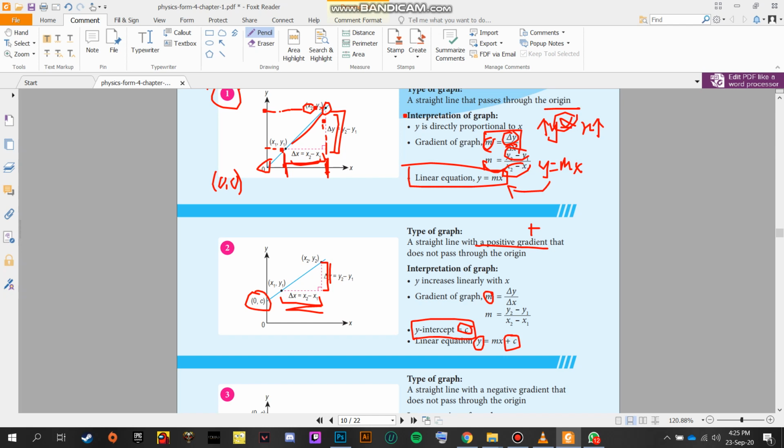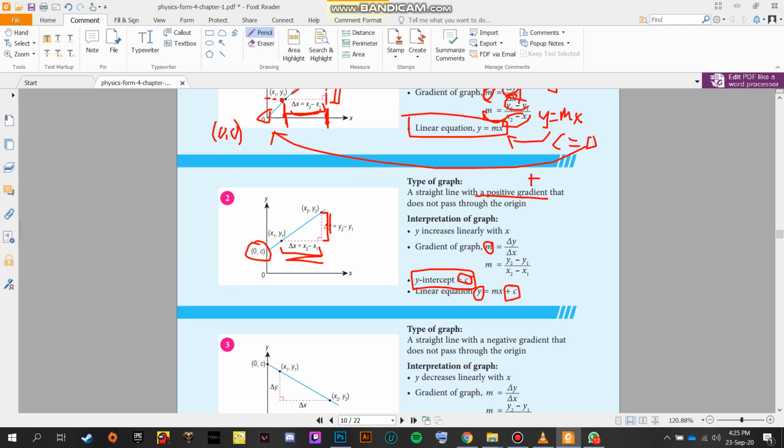Why don't we have plus c in the first graph? Because the c itself there is already 0. See, the intercept is at 0. That's why the c is 0. So we don't put c there because it's already 0, but we have to put c here because there is a value. This is the value c here.